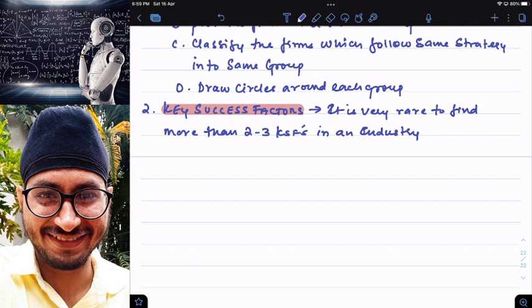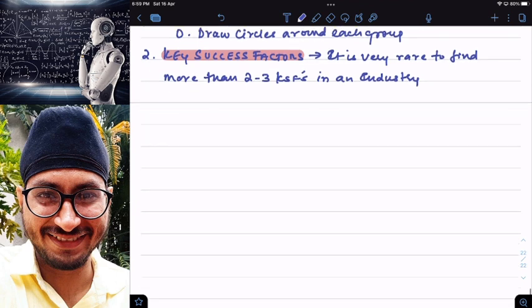Let us say for example, manufacturing industry. What is a success factor for manufacturing industry? Low cost. I can say low cost plus high quality. This can be an example of key success factor of manufacturing company.